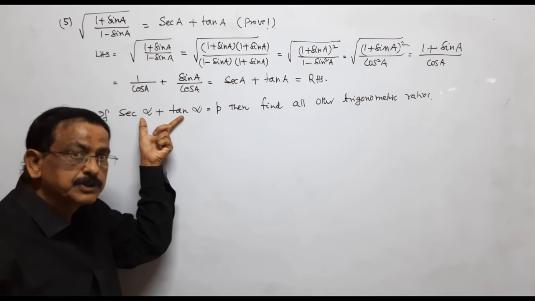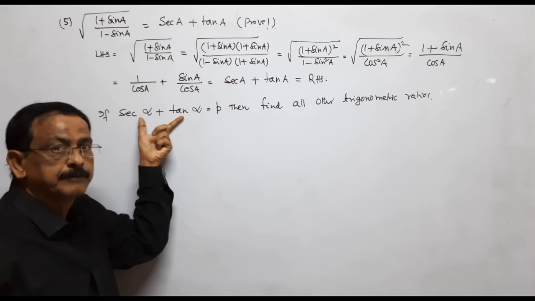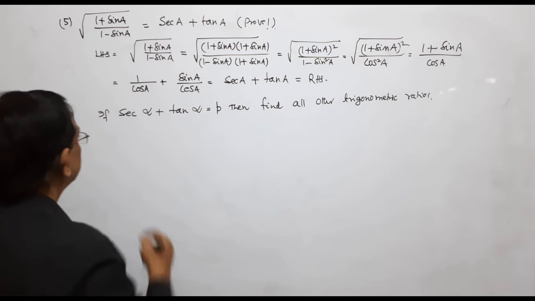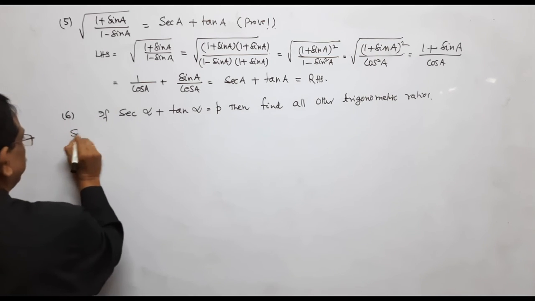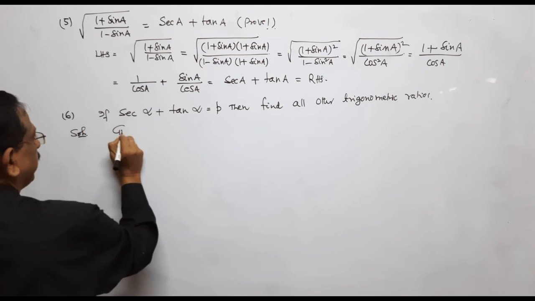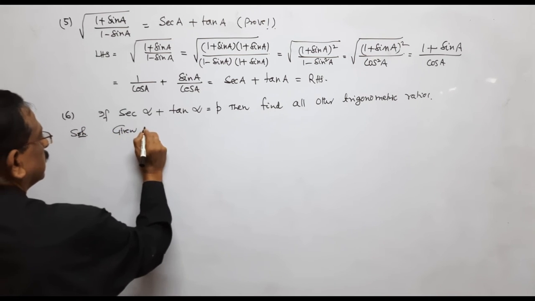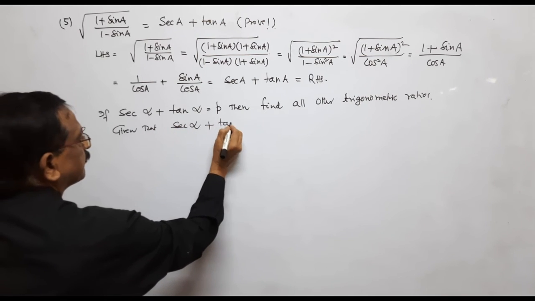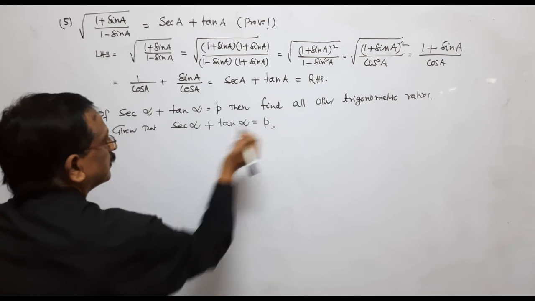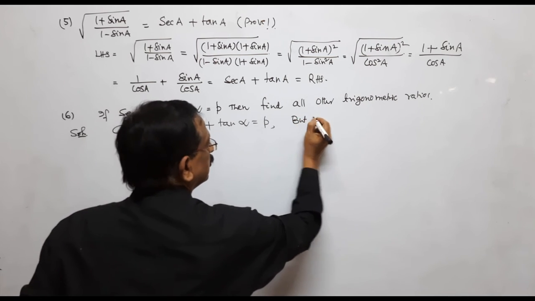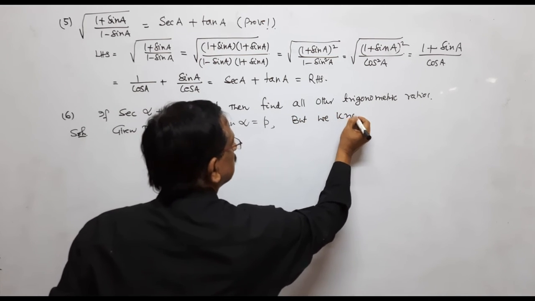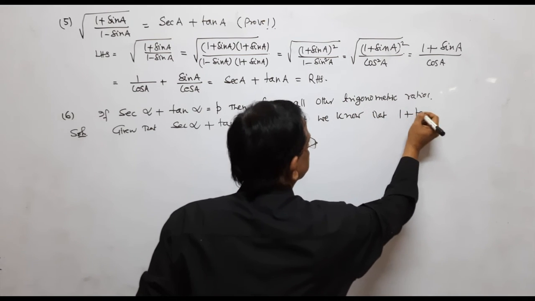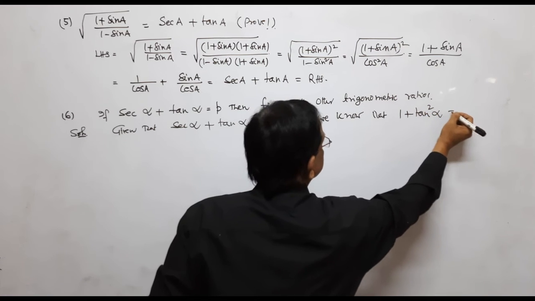If you say this, you must get the information that 1 plus tan square alpha is secant square alpha. Using that, we have to find out. So, given that secant alpha plus tan alpha is P. But we know that 1 plus tan square alpha is secant square alpha.